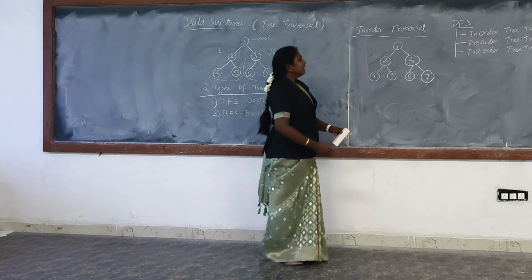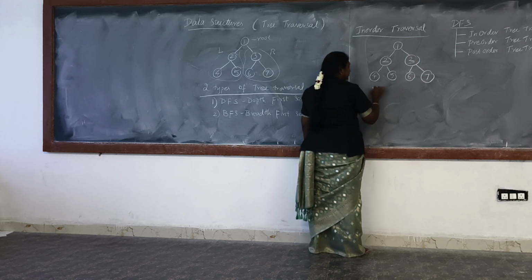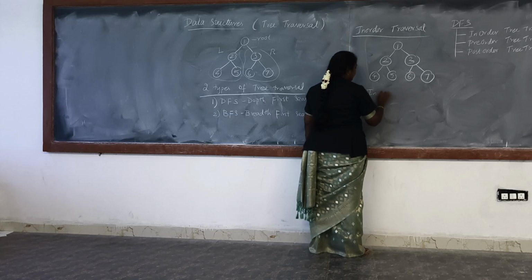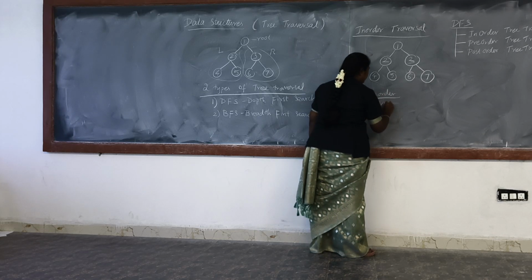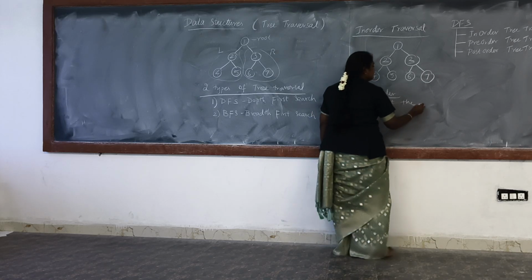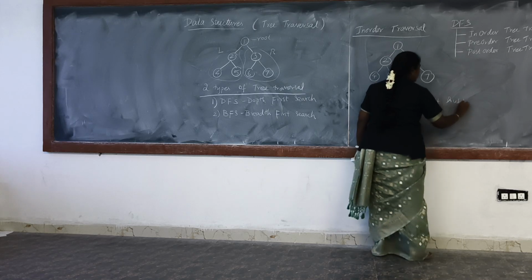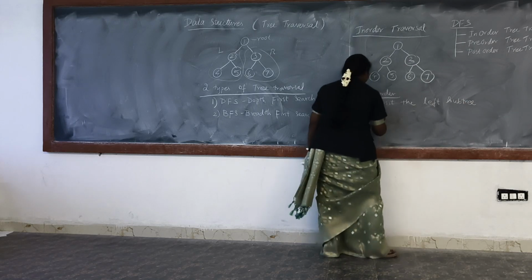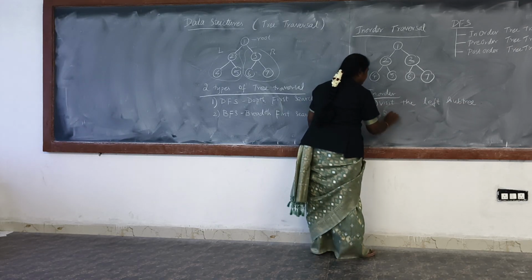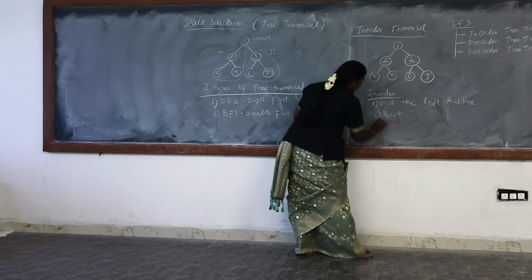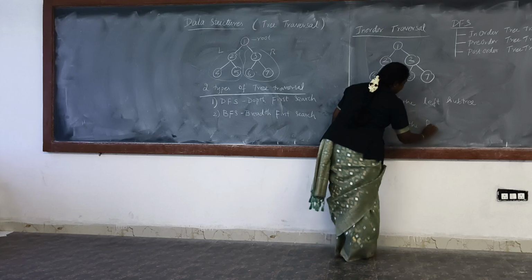Okay. So under in order traversal, remember this, in order in the sense, first it visits the left subtree, and then it completes the left subtree, and then moves on to the root element, and then it visits the right subtree.